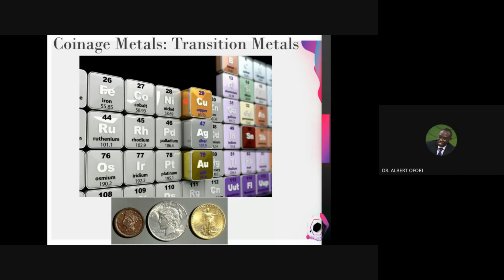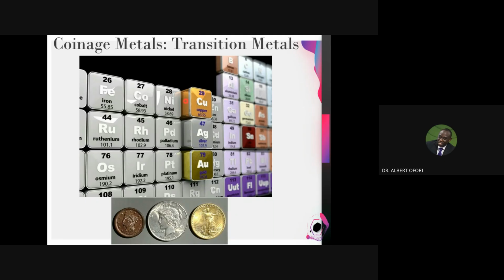For example, copper, silver, and gold, which we call the coinage metals. So for making coins, coinage metals. At least we know it has evolved from the bronze to the brass. That's copper at play there. So these coinage metals are quite expensive.